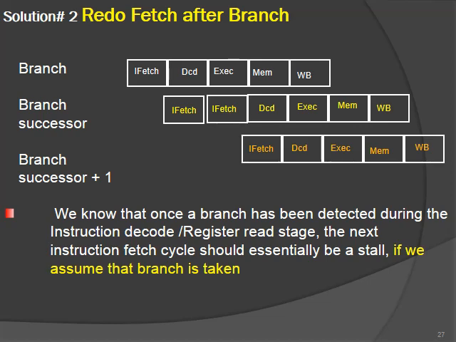If the instruction is fetched before the execution of the branch instruction, the instruction fetch stage will be re-implemented, or re-fetched, after the completion of the execution stage for the branch instruction.